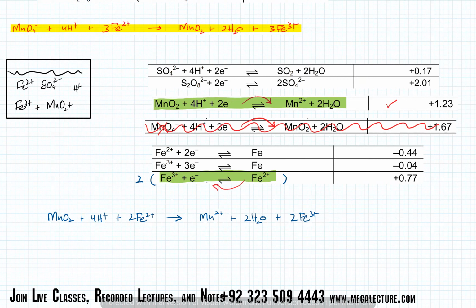So we've now basically figured out our second reaction. Because after the first reaction, MnO4 minus 1 got converted into MnO2. In the second reaction, the same MnO2 then further got reduced to Mn2 plus.